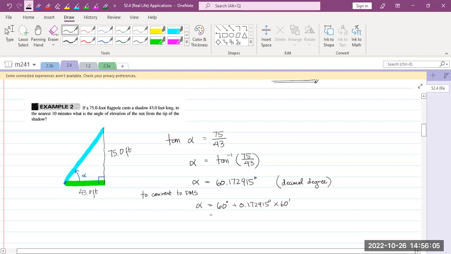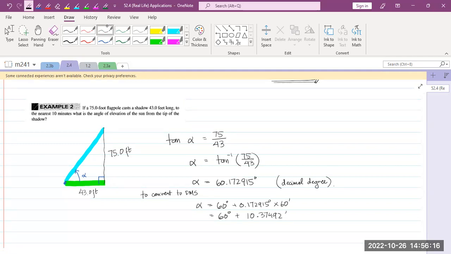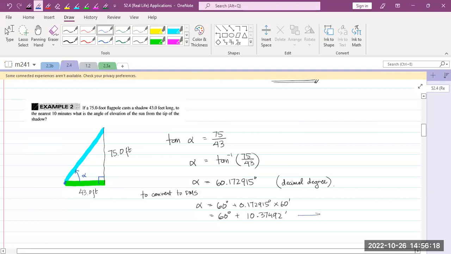I get 60 degrees plus 10.37492 minutes. Okay, so to answer this question, we are actually done. If you want to round to the nearest 10 minutes, the answer will be 60 degrees, 10 minutes.